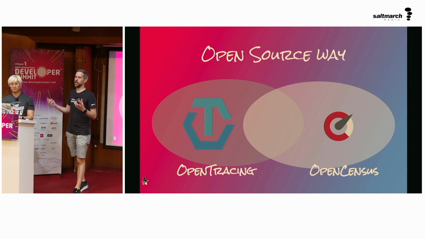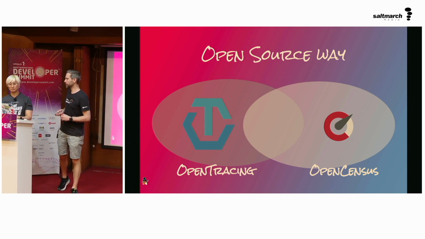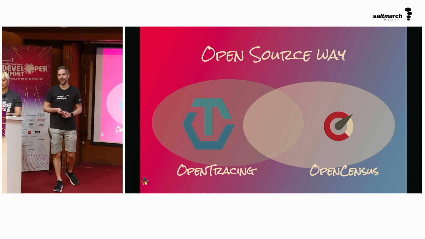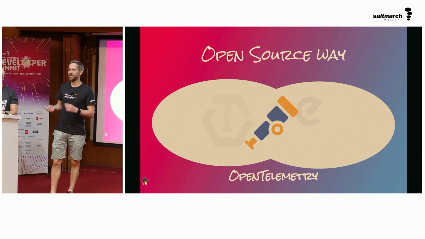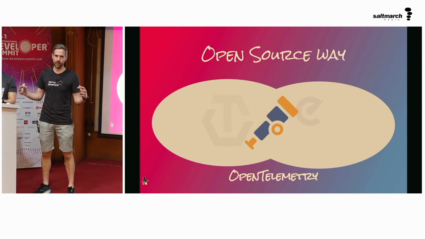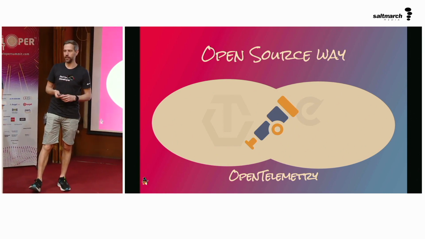But yeah, we now need to maintain different standards. So let's come up with another standard, is what the community said, to try to simplify things. And that's the idea behind OpenTelemetry, to have one standard, one specification for telemetry, for observability.